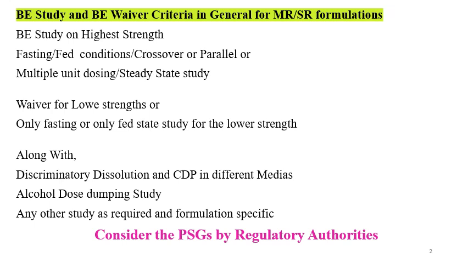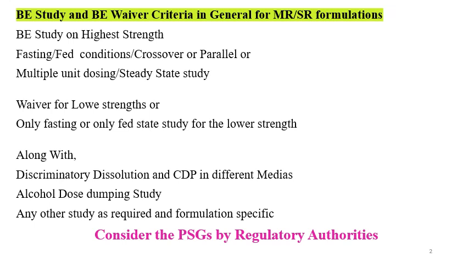The design may be a crossover design or a parallel design based on the half-life of the molecule. Then for some of the formulations, multiple unit dosing is also done or a steady state study can also be done.